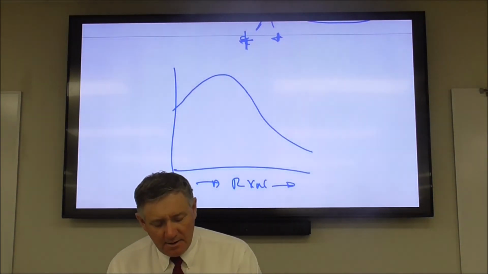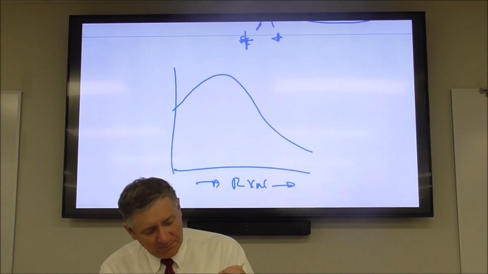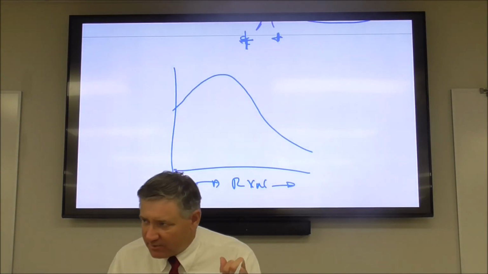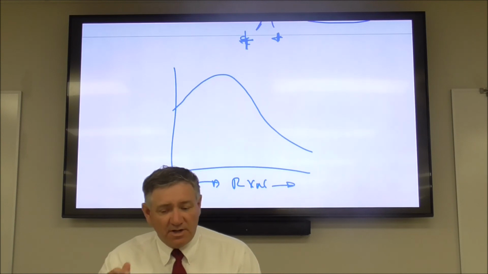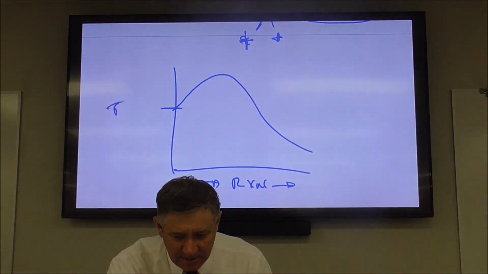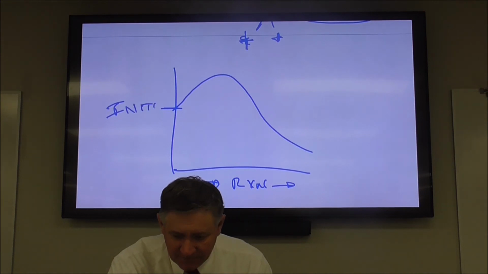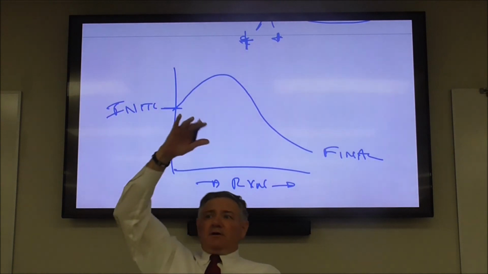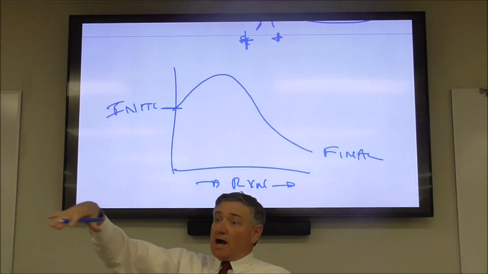On page 4, the reaction is going in the reverse direction. So in the forward direction, you're starting here. Here's my initial set of conditions. Here's my final set of conditions. This is what's gonna happen with the hot pocket.